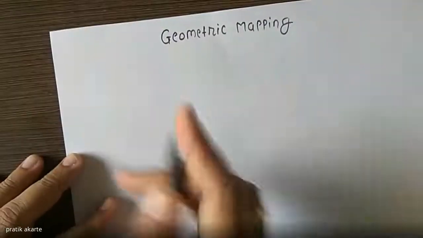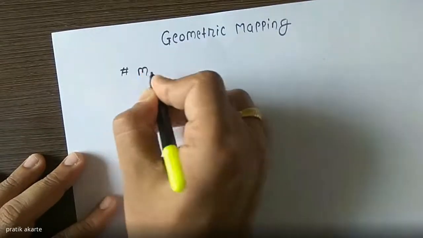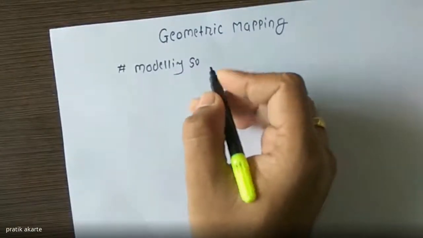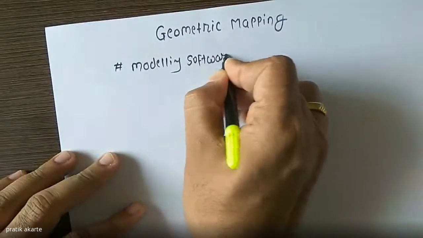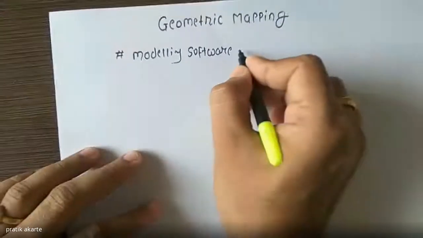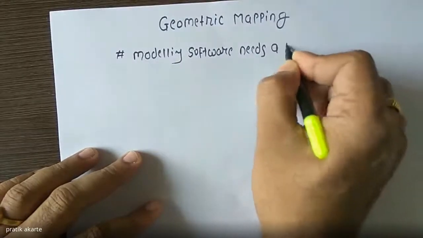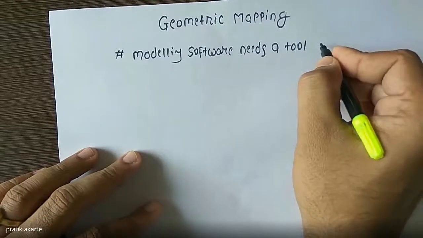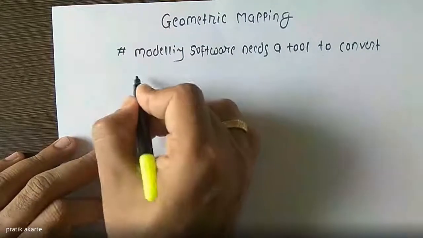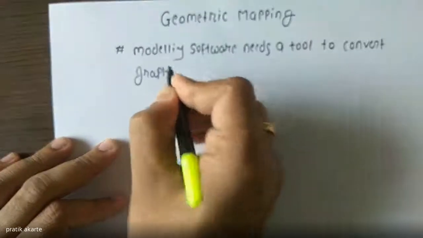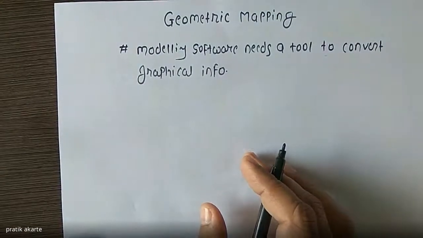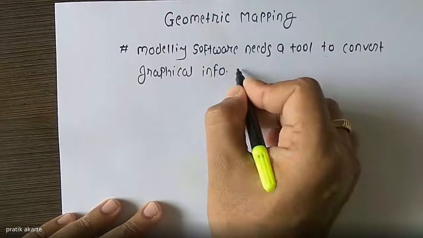So that's why, the important statement is, your modeling software needs a tool to convert your graphical information from one coordinate system to another coordinate system.